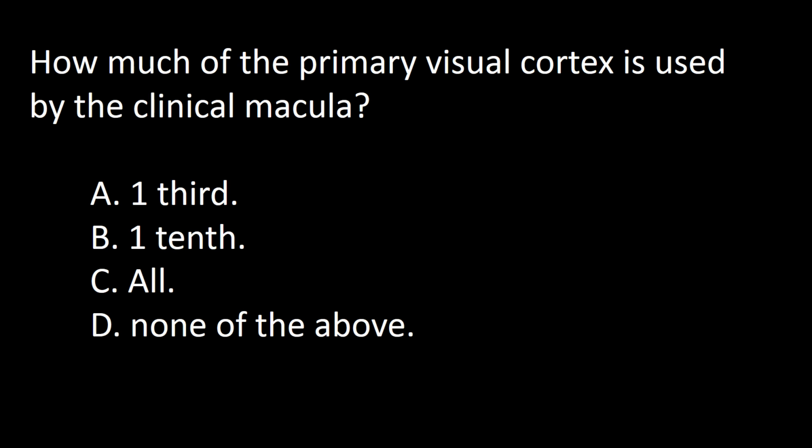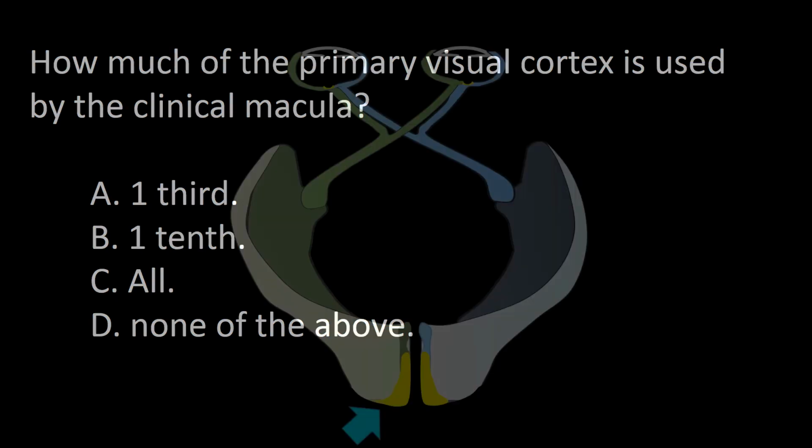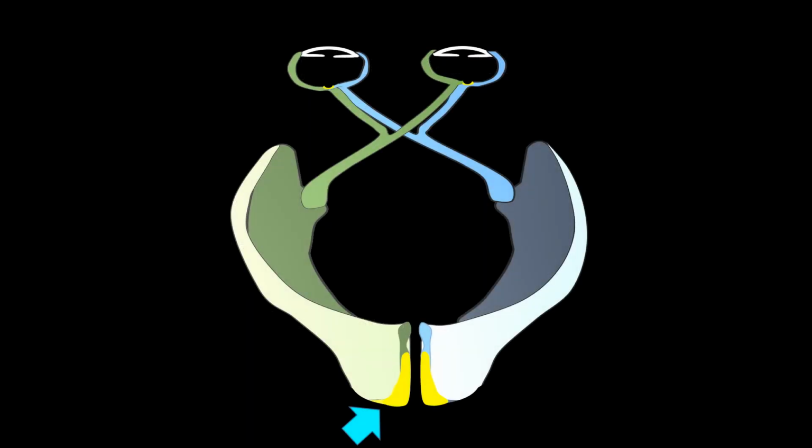How much of the primary visual cortex is used by the clinical macula? A 1/3, B 1/10, C all of it, D none of the above. This drawing represents the principal visual pathway. The area in yellow represents the area of the occipital cortex involved with macular vision. This area represents 1/3 of the primary cortex.